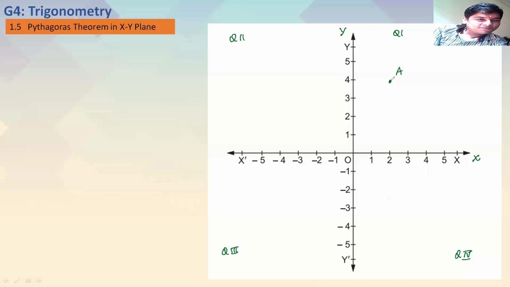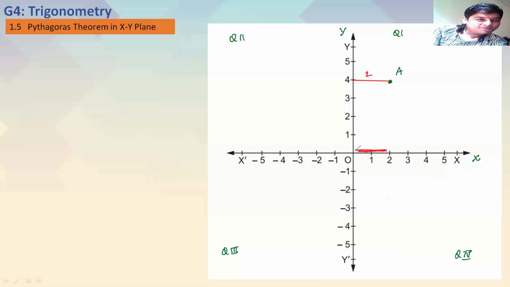There is a point A in green. Do you notice that dot? What is its distance from the y-axis? First tell me. 4. That is the distance of the point from the x-axis actually. This length is 2.